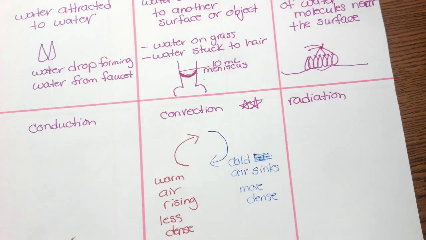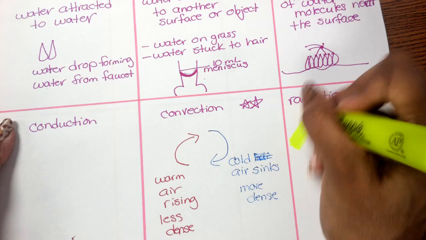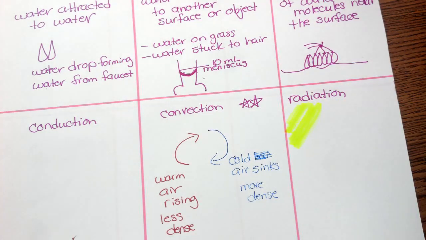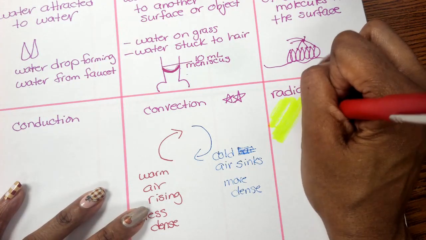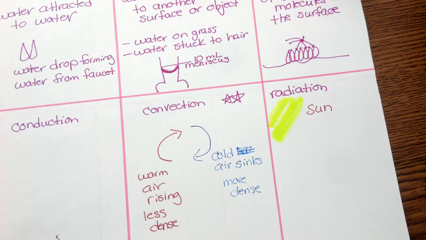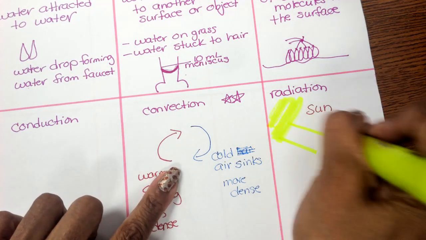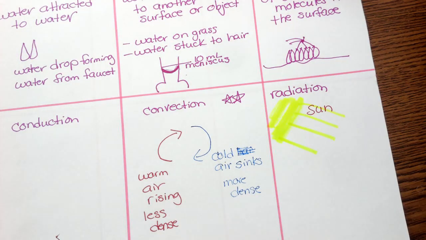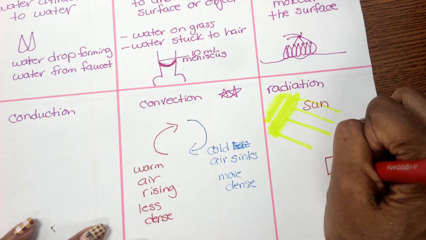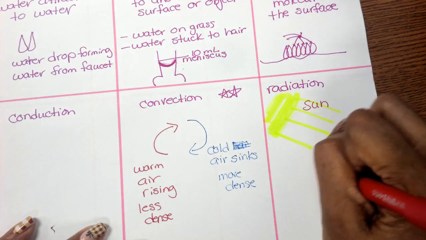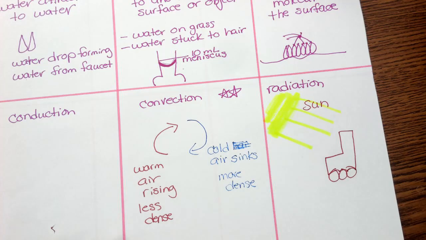Then radiation. That is the transfer of heat through electromagnetic waves, and that would be the sun, and I'm gonna just draw a car here so you know how you get into a hot car. Okay, that's radiation.